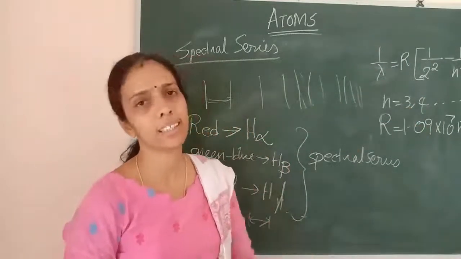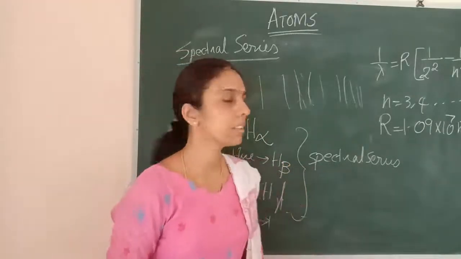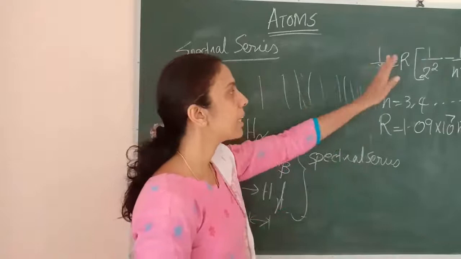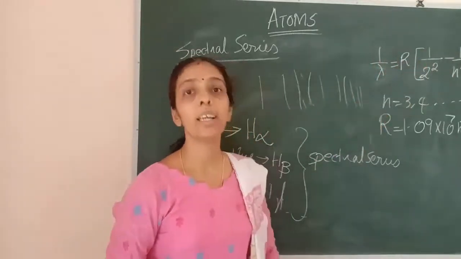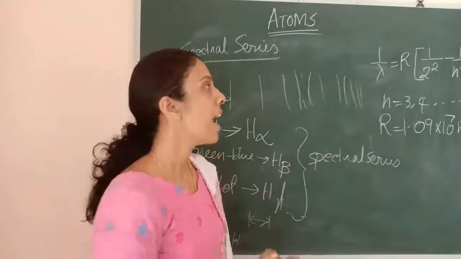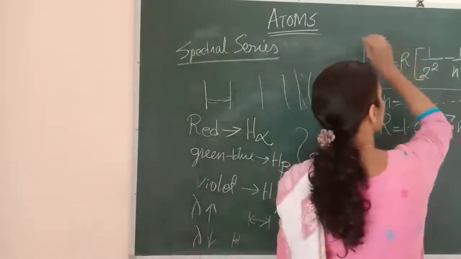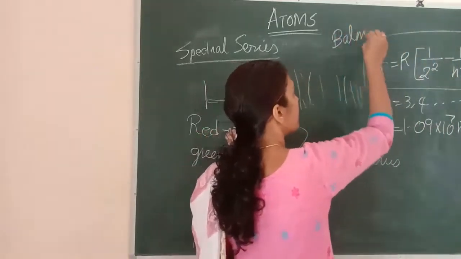Like that, he gave the first formula: 1 by lambda equals R into (1 by 2 square minus 1 by n square), with n equal to 3, 4, etc. And this series of spectral lines which we obtain is called the Balmer series.